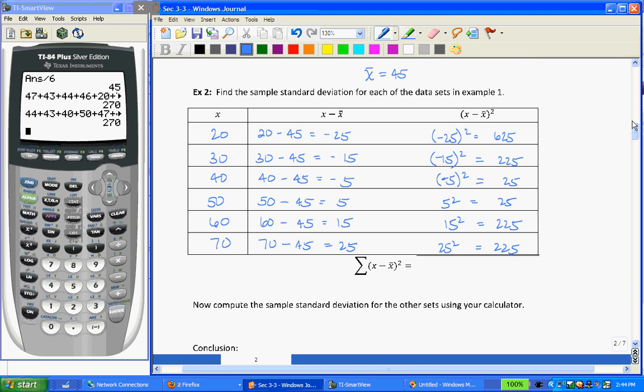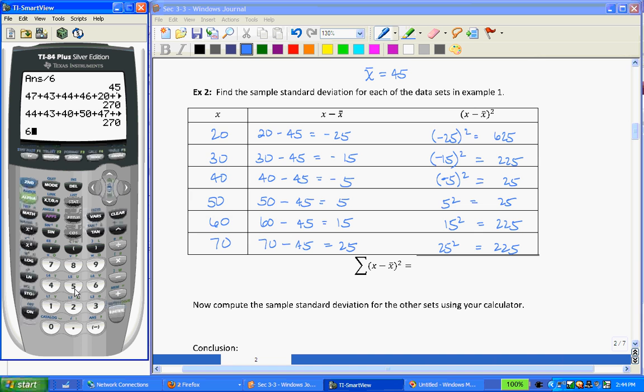Our next step, so we've done this so far, we've taken each data value, subtracted off the mean. Whatever that amount was, we squared it. That's what this represents here, the x minus x bar quantity squared. Now we're ready for this step here. We're going to sum up all of those numbers where we've already taken off the mean and squared.